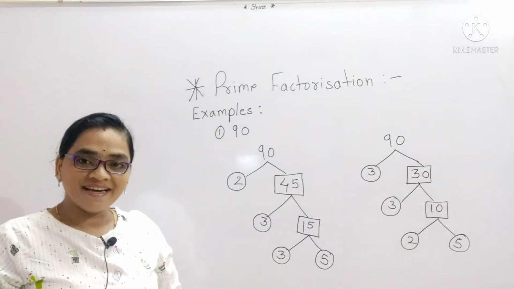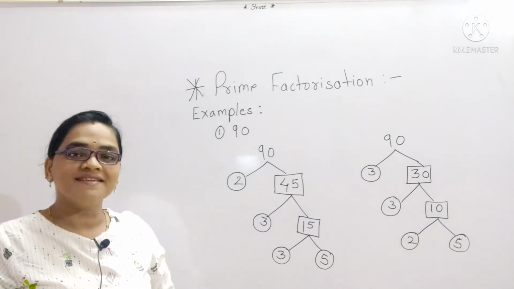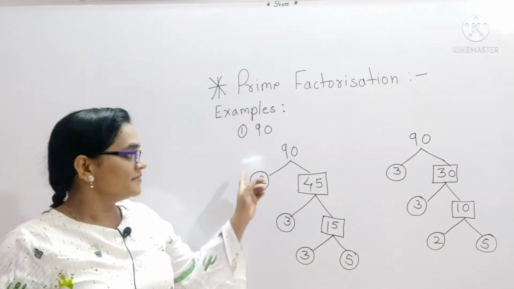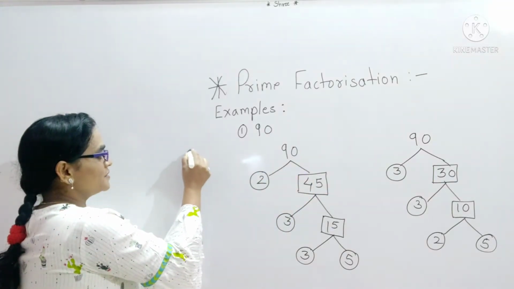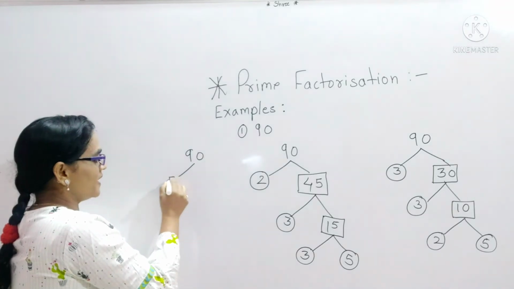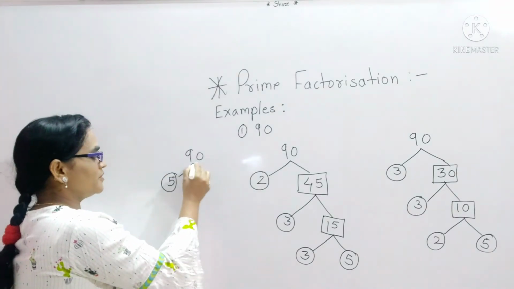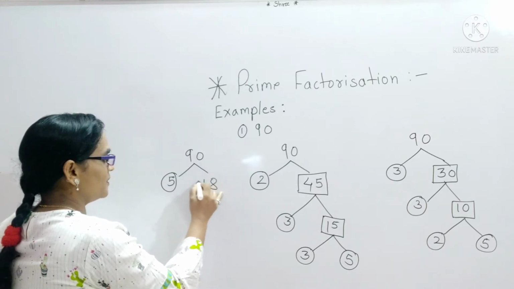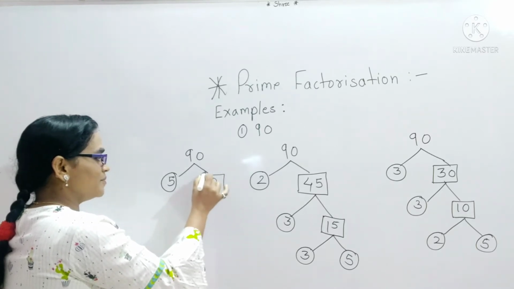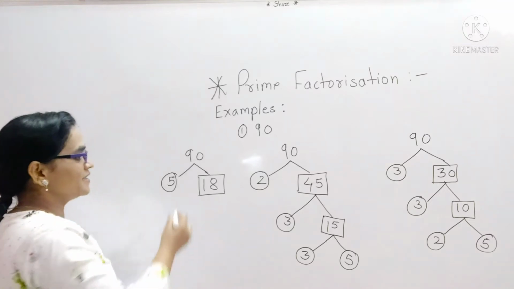Okay. Is there another way we can find the factors? Yes. 90 is also divisible by 5. So take 5 first and circle it because it is a prime number. 5 ones are 5, 5 eights are 40. 18 is a composite number, so square it.